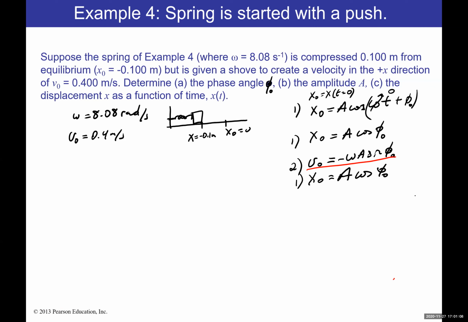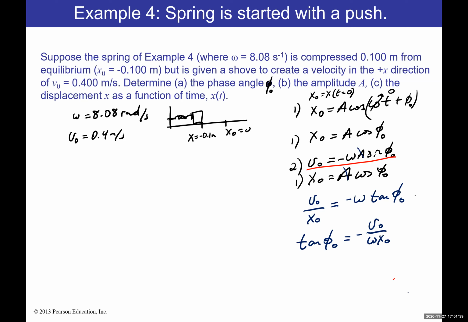On the left side, I have v naught over x naught. On the right side, the A's cancel out. Then I have negative omega, and sine of phi over cosine of phi, which gives me tangent of phi naught. That means I end up with tangent of phi naught equals negative v naught over omega x naught.